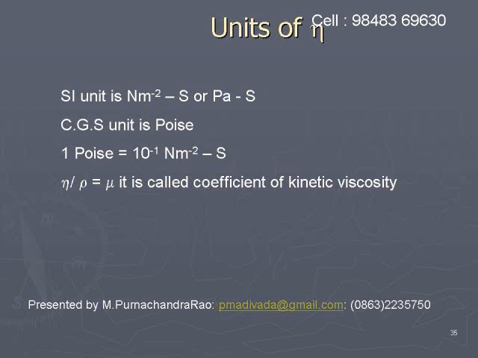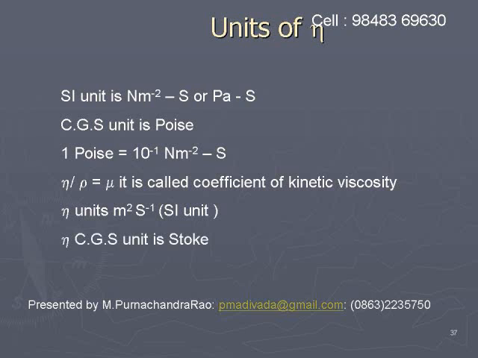Eta by rho, where rho is the density of the fluid, is indicated with mu, and it is called the coefficient of kinematic viscosity.